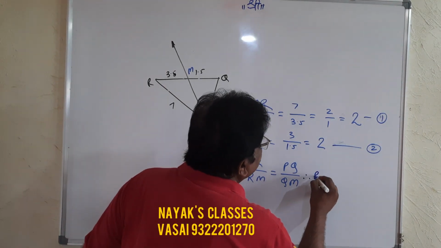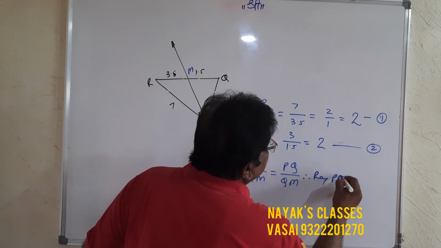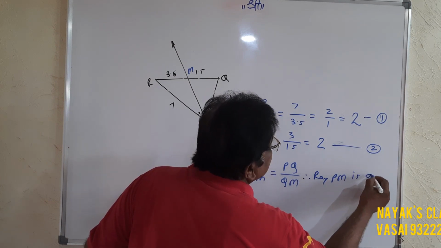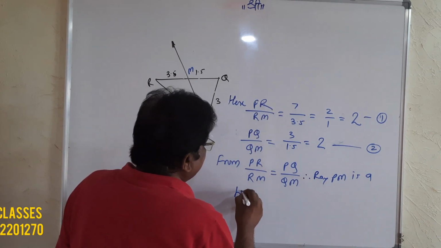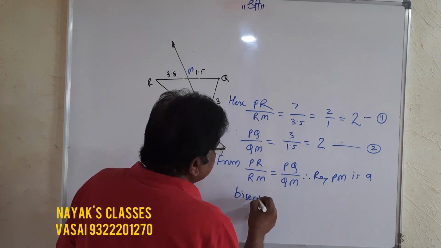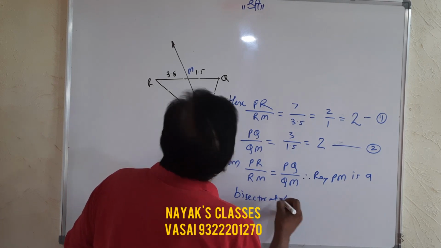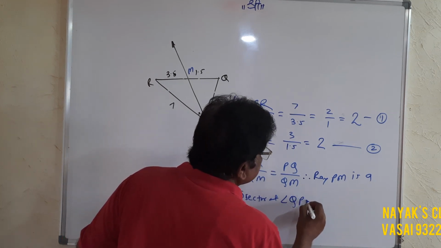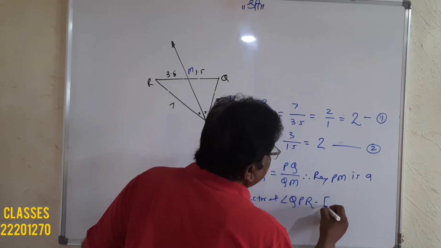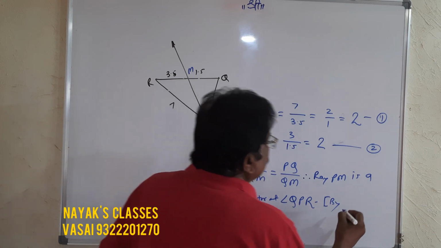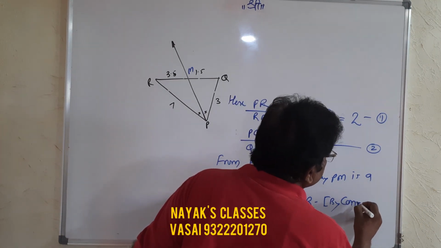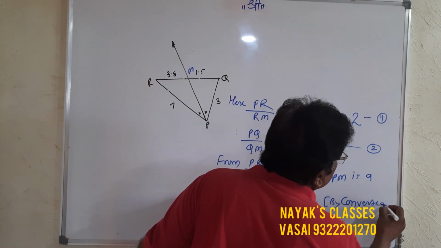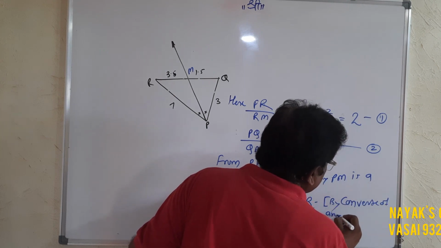Therefore, ray PM is a bisector of angle QPR by converse of angle bisector theorem.